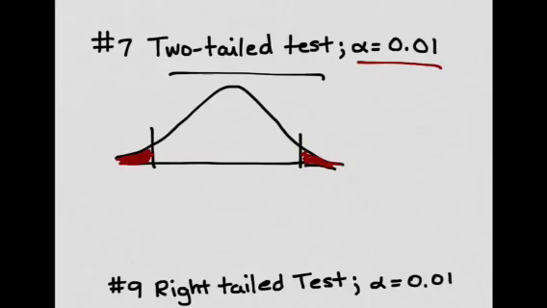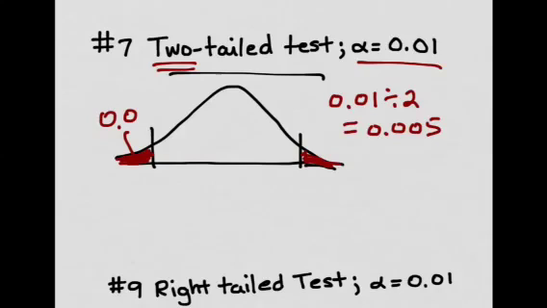And since we have area in two tails, we have to take the alpha that we're given, which is 0.01, and divide it by 2. We only do that in the case of a two-tailed test. We divide alpha by 2, and I get 0.005. And so that is the area in each tail. 0.005 here, and 0.005 in the right-hand tail.